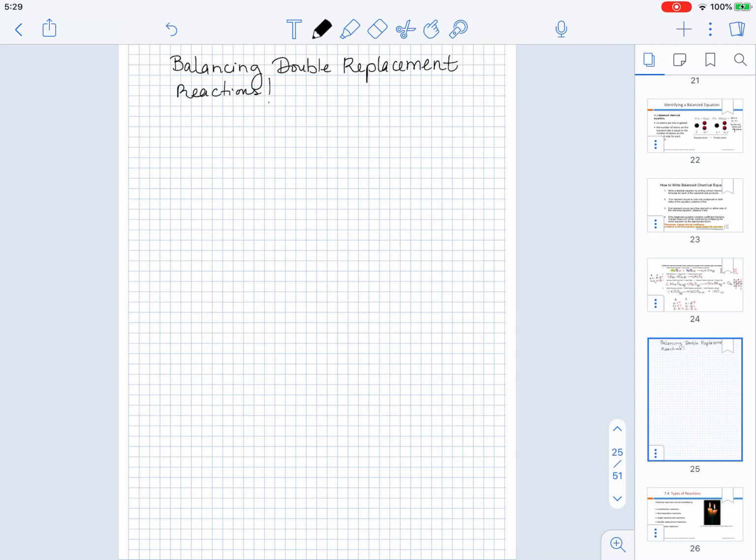So I'm going to give you the following example. We have Pb(NO3)2 in aqueous form plus NaCl in aqueous form.